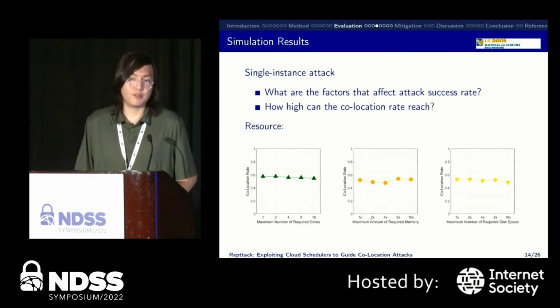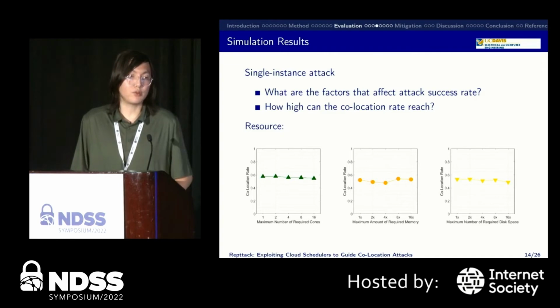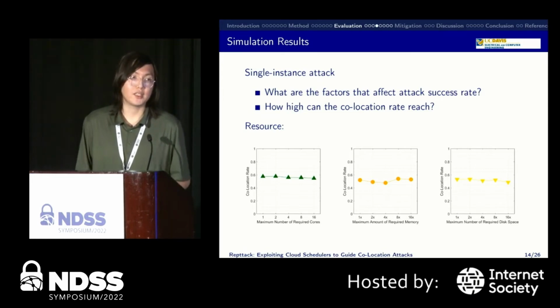We first vary the resource requirements users use in our system. We can see that when we vary the maximum resources the users in the system are allowed to use, the collocation rate basically remains at the same level, which means resource requirements do not relate to our success rate.